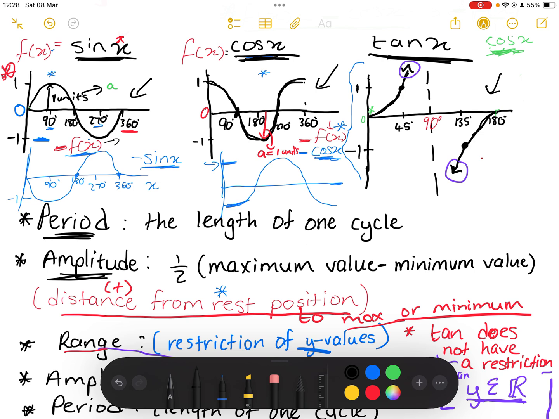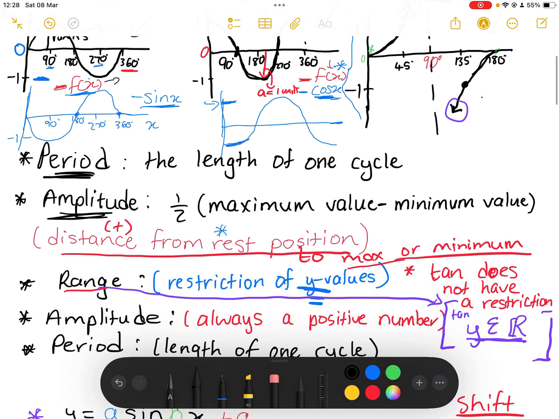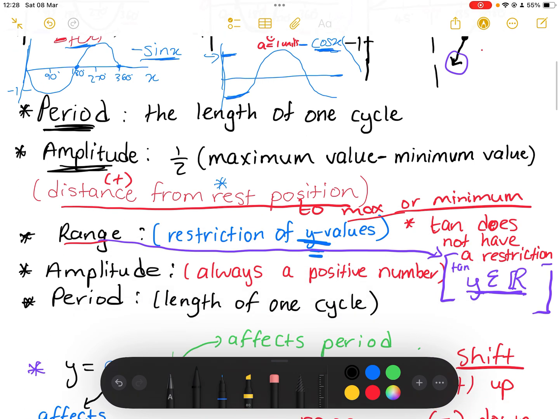The arrows mean it's continuing upwards and continuing downwards. So the range of tan is always one answer: y is an element of real numbers. That just means from -infinity to +infinity. That is going to be your range.